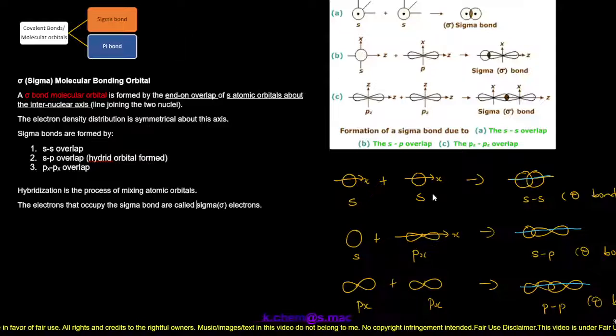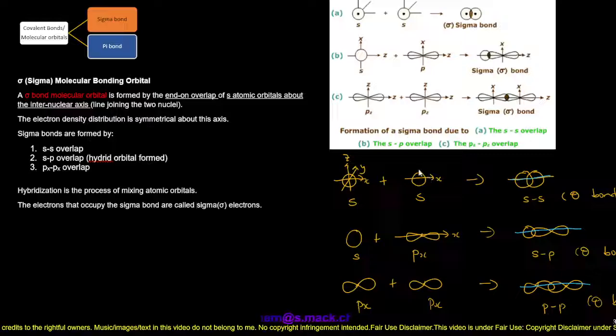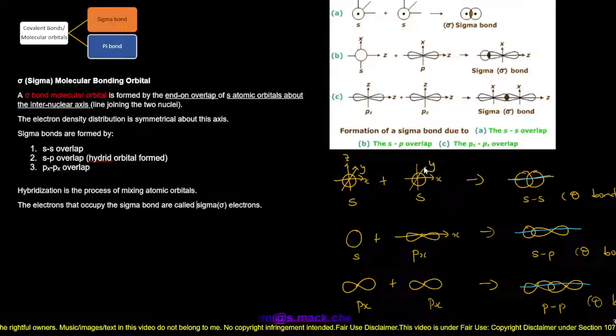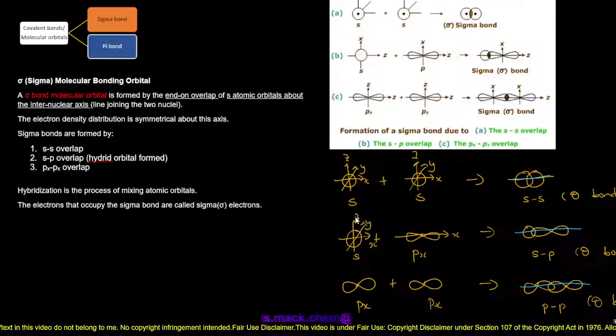What I'm going to draw into my three diagrams is the rest of the axes associated with my s orbital. So these are our three diagrams which show an ss, sp, and two p orbitals which overlap end-on to give us electron density which is symmetrical about this internuclear axis.